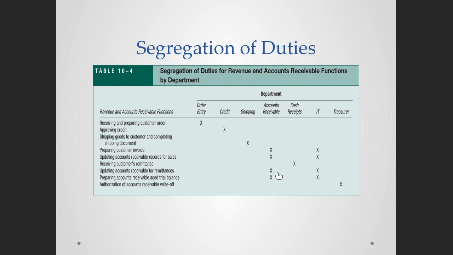There is a problem with segregation of duties, which increases the possibility of fraud and decreases accuracy. So when you see this, if you don't know what should be separated, you will not be able to detect this problem. Is that clear?